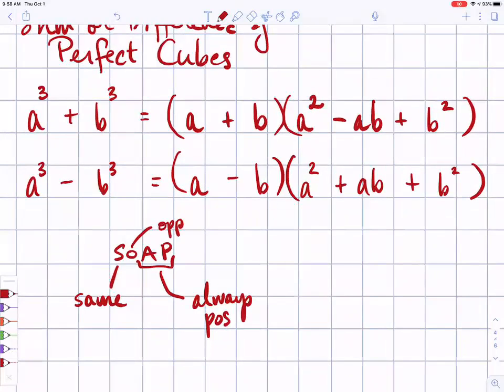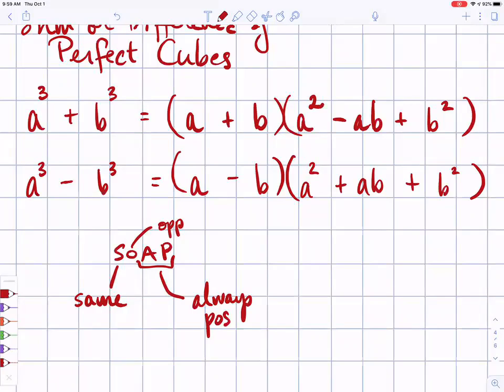Now let's talk about how I get that. When we're talking about the sum, notice that my signs here are the same. My first pair of signs, they're the same. This guy is the same as the original. The next sign that you see is opposite the original.